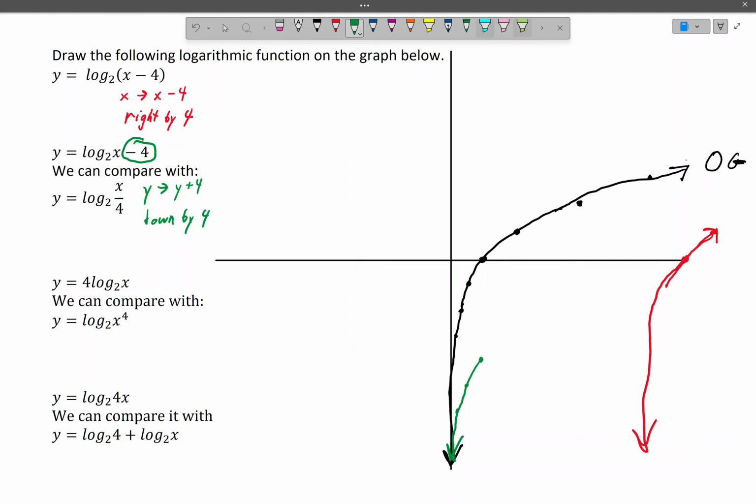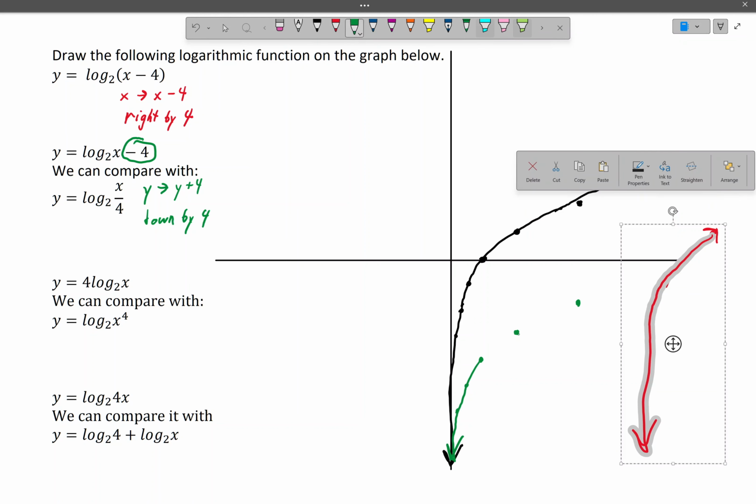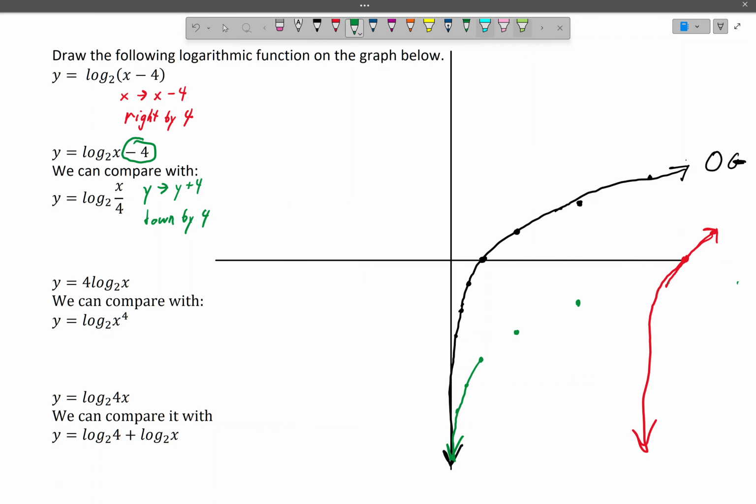Okay, so it doesn't change the left side that much. It just goes down by 4. And it'll look something like this. Somewhere around there.